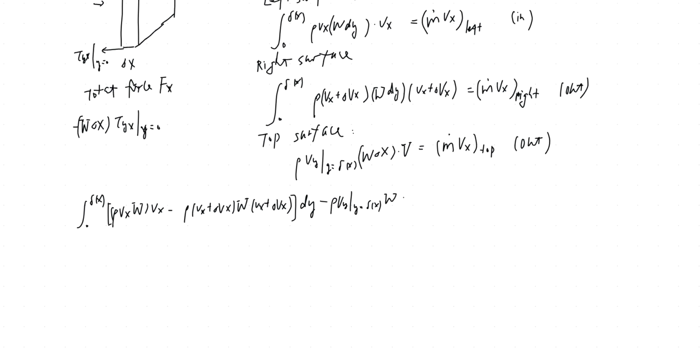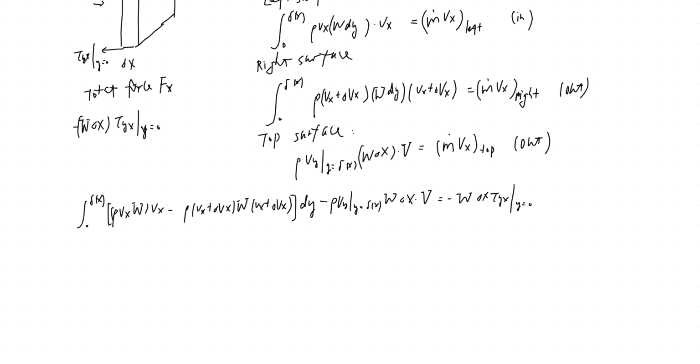And then be equal to the total force. Okay, so what we are going to do next is, well, I'm not going to do the full process, but I suggest you try on your own.